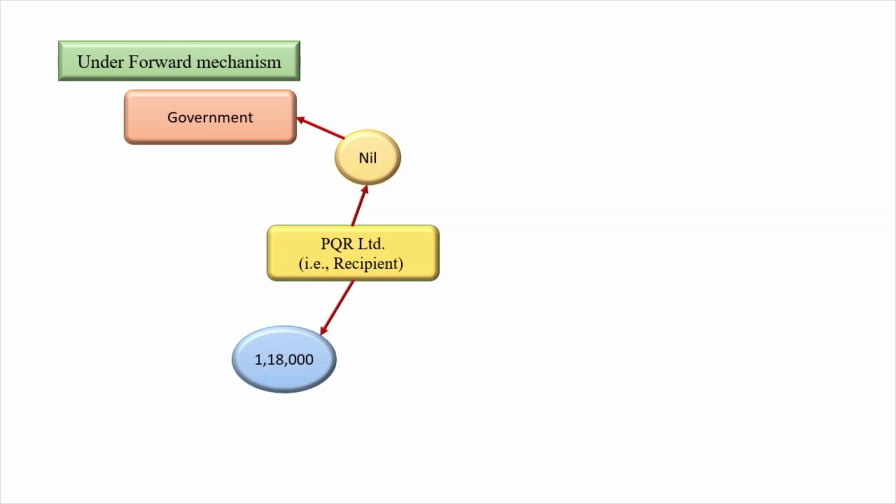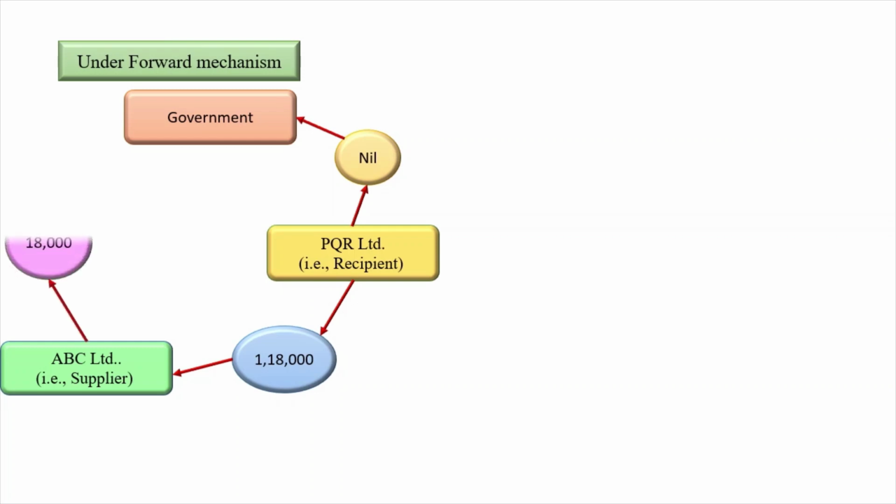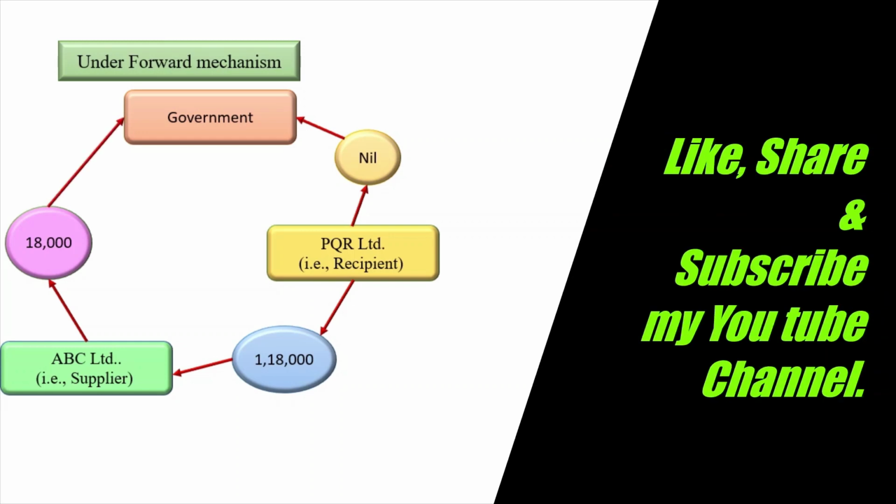But PQR Limited gives 1,18,000, that is total amount of supply to ABC Limited, that is supplier. Now this supplier keep 1 lakh with him and 18,000 he will give to the government.